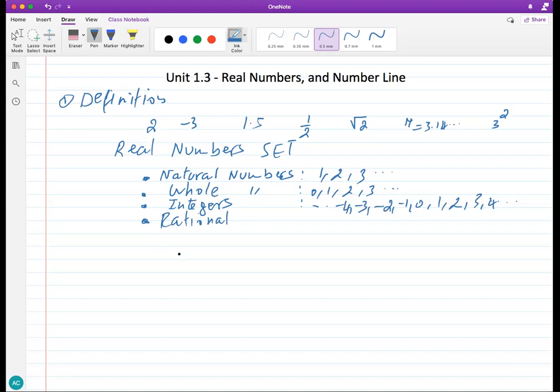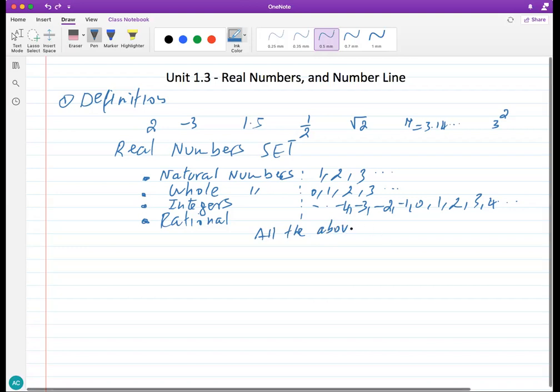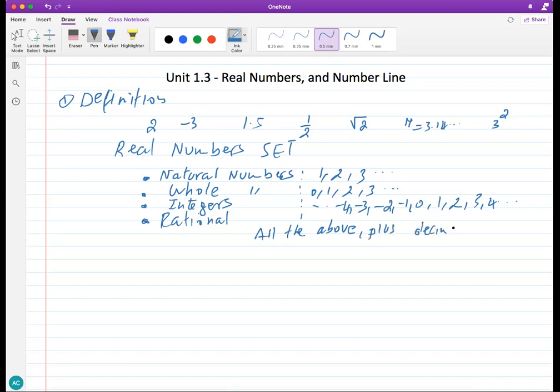Rational numbers include all the above plus decimals and fractions.